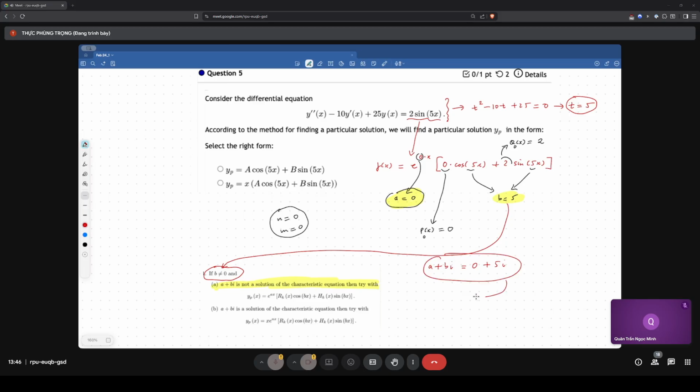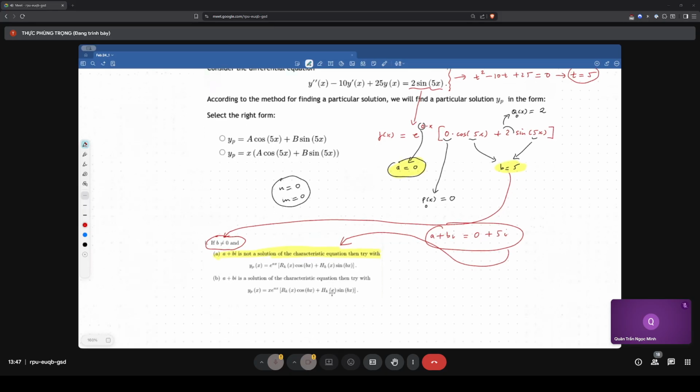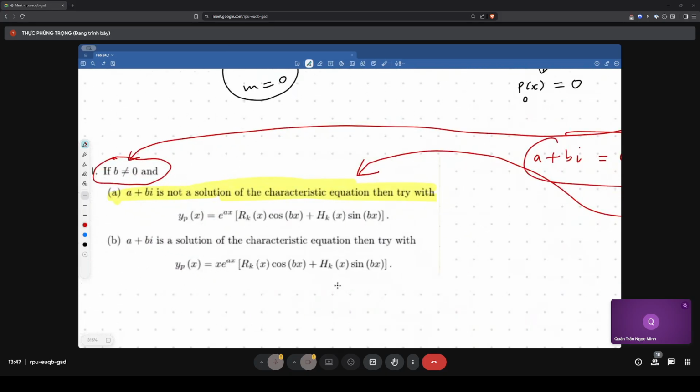A plus BI is not a solution of the quadratic equation, because we have only one number, 5, for the solution of the quadratic equation.